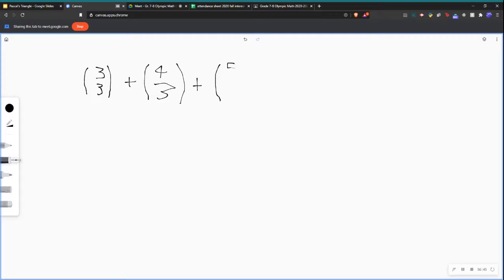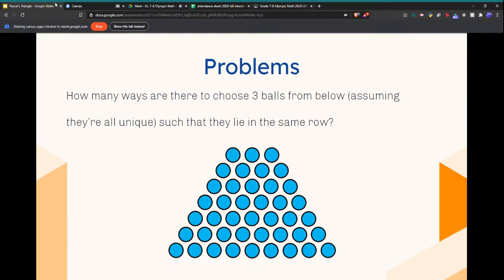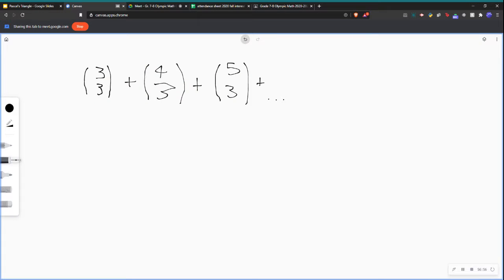The next row, 5 choose 3, and then you do that all the way. The last row has 9 balls. So you're adding up from 3 choose 3 all the way to 9 choose 3. That is a lot of balls indeed.